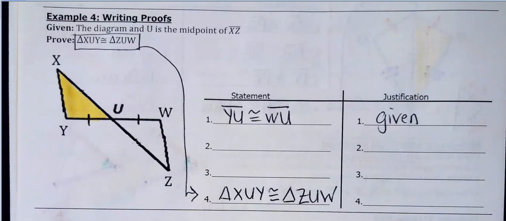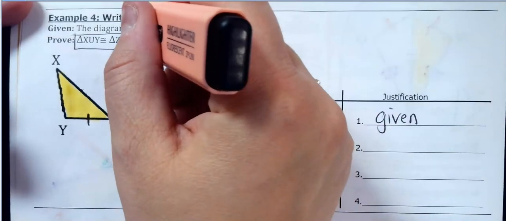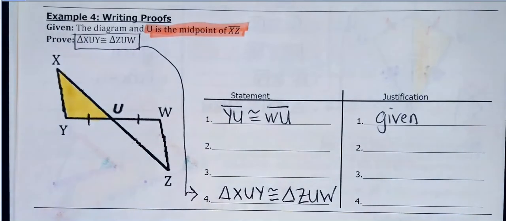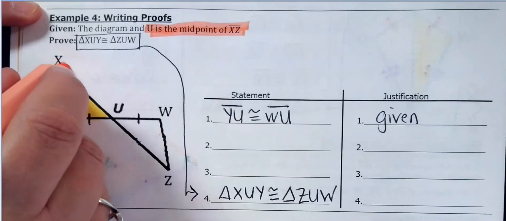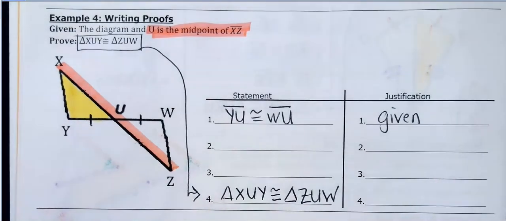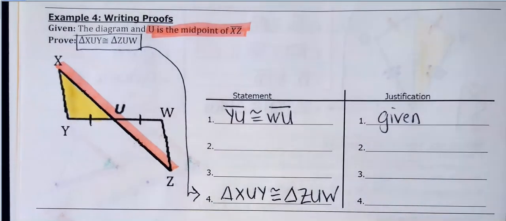The other thing it tells me here in the directions, this is not marked, it says U is the midpoint of XZ. So I'm just going to grab my highlighter here. XZ is this entire line here. So don't write that U is the midpoint of XZ.